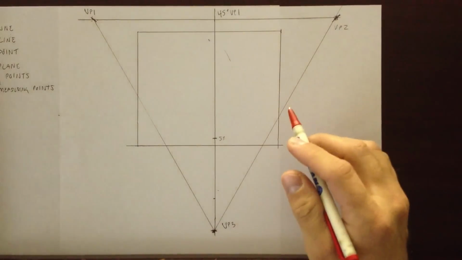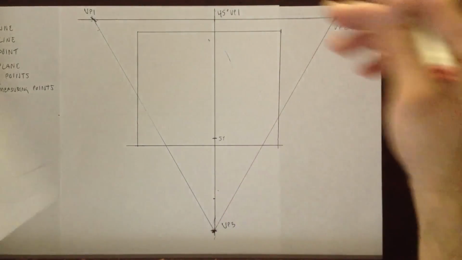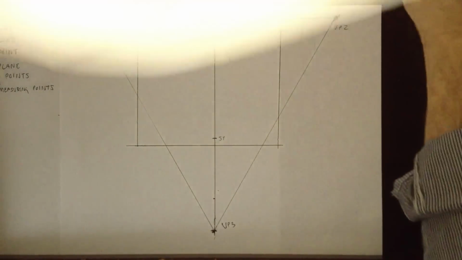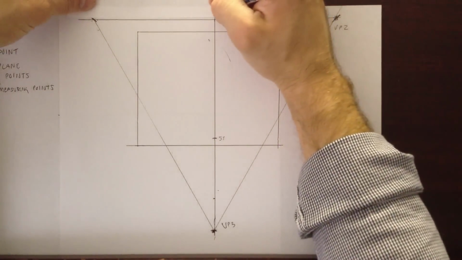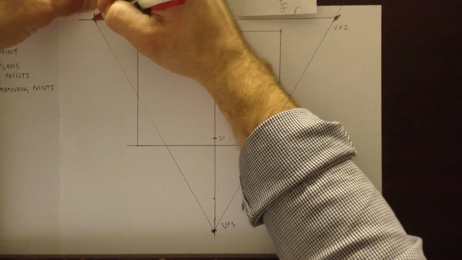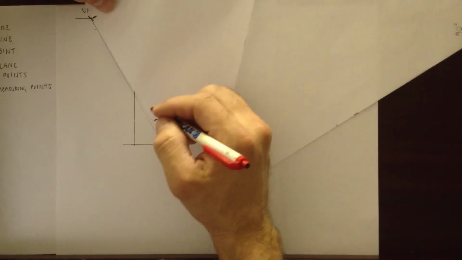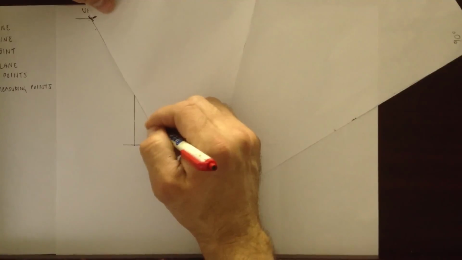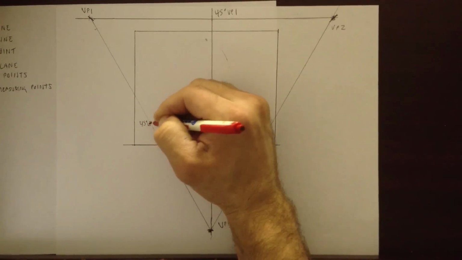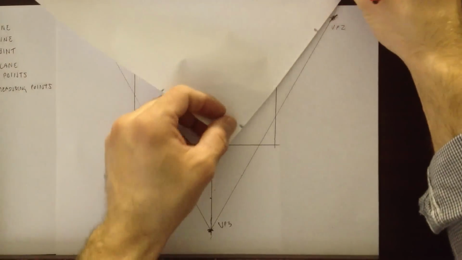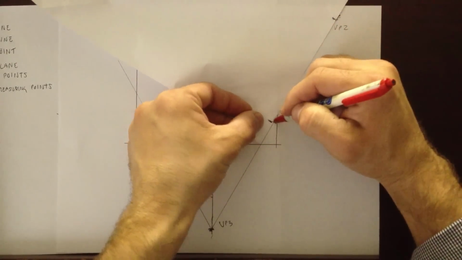You also want to get the halfway point between these 2 points here and here. So you can actually just take, again, a piece of paper, take that distance and swing it down here, and that will establish your 45-degree vanishing point number 2, and doing the same thing this way, you'll get your 45-degree vanishing point 3.